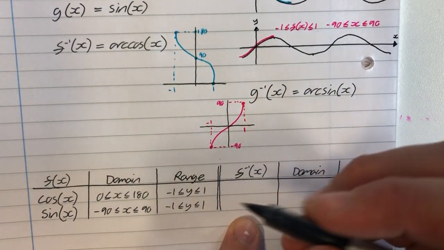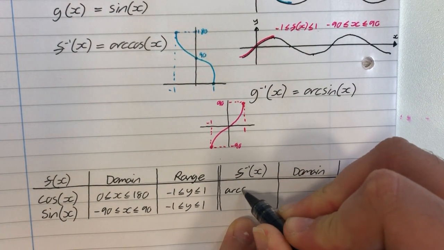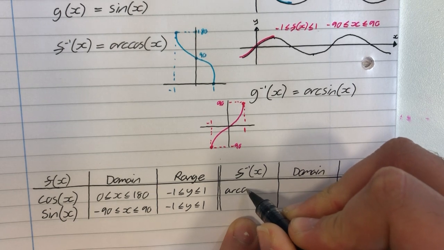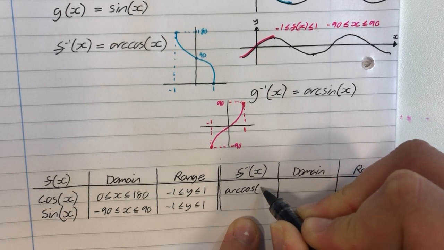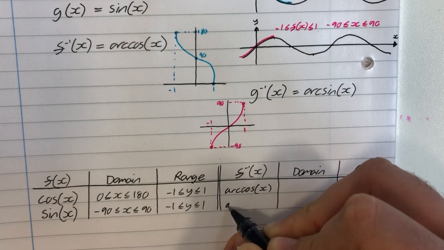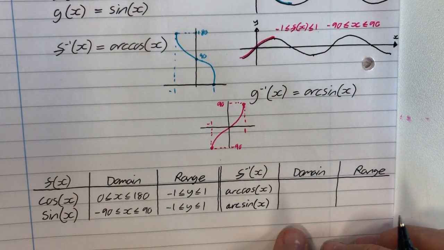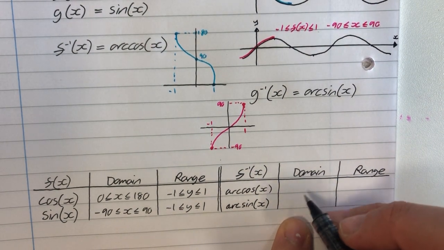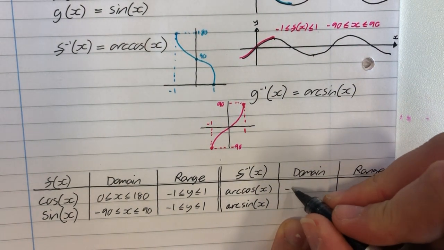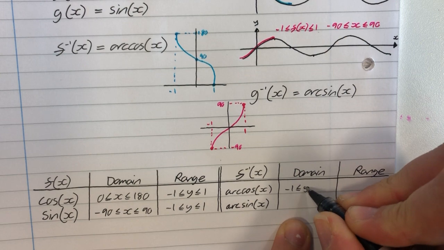The inverse function, inverse of cos, was arc cos. Oops, you need 2 C's there. There we go. And the inverse of sine was arc sine. On your calculator, it's sine and cos to the -1, but I don't like that. The domain of the arc cos was between -1 and 1.